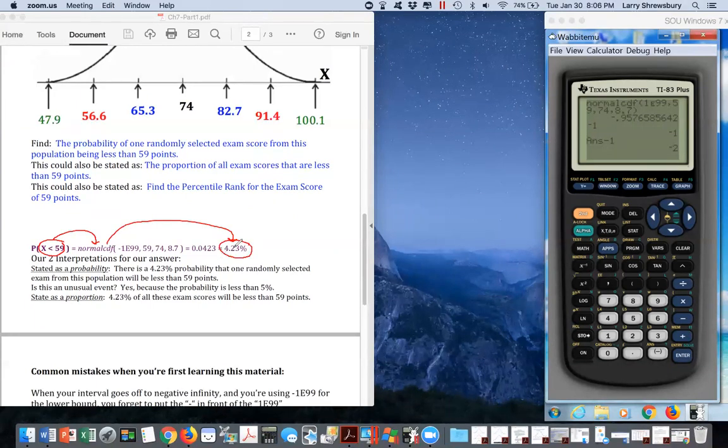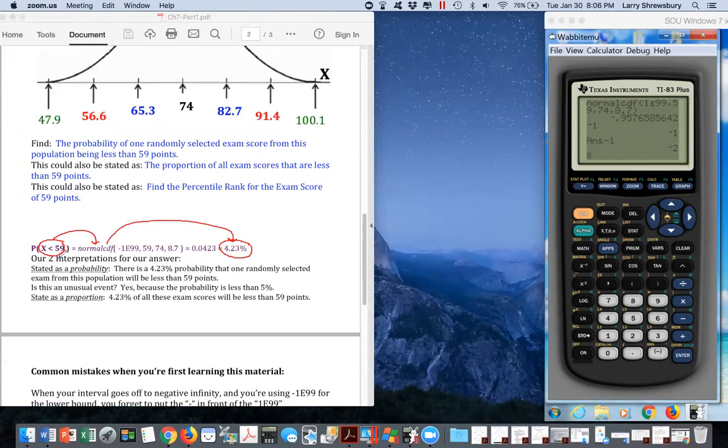Well, what we're going to do in part 2 is they're going to give us the area under the curve, and we're going to find the interval. Why, that's the inverse of what we just did. And that's why we call the function inverse norm.